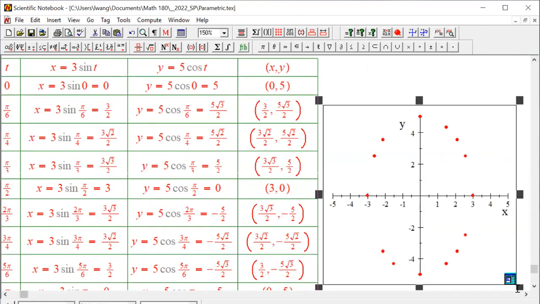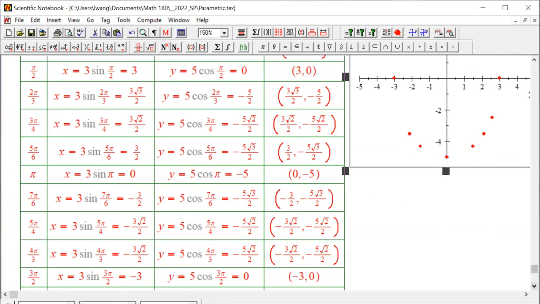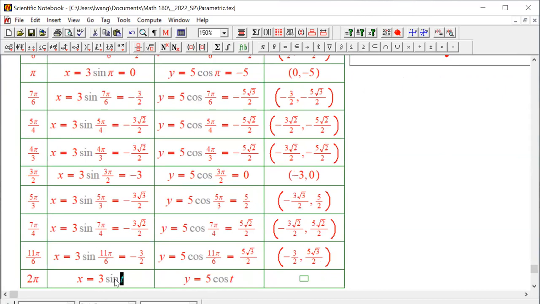Okay, so the last point, what will be the last point? It should overlap with the existing point. So that's 2 pi. And this piece is 0, and this is 2 pi. And that should be 5, so that's 0, 5.